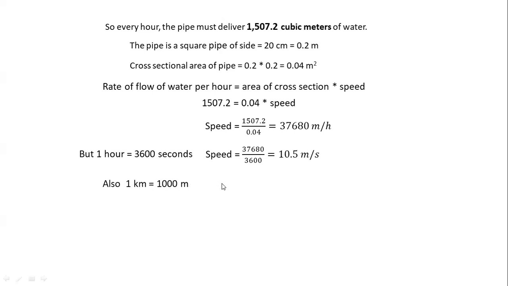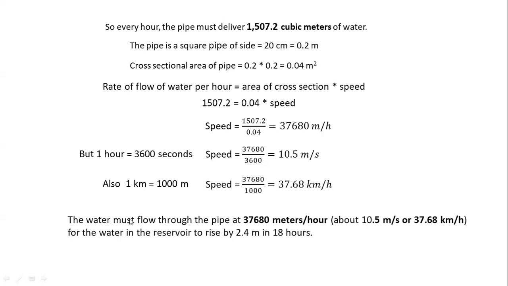So in kilometers, the speed will be 37,680 divided by 1000, that is 37.68 kilometers per hour. So we can say that water must flow through the pipe at 37,680 meters per hour, or about 10.5 meters per second, or 37.68 kilometers per hour, for the water in the reservoir to rise by 2.4 meters in 18 hours.